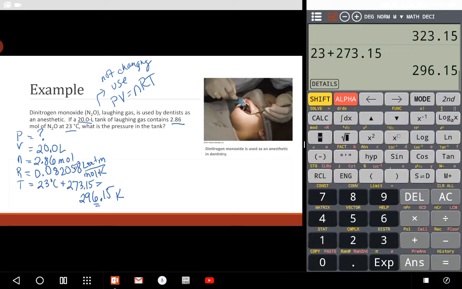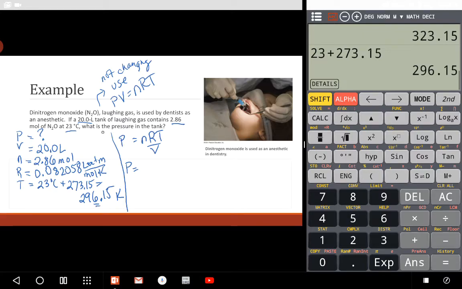If you use these values enough, you just kind of memorize them just from it being overused in your brain, not because anyone actually told you to memorize them. So PV is equal to nRT. So if I divide both sides by V, then that cancels out, and I'm left with P is equal to nRT over V.